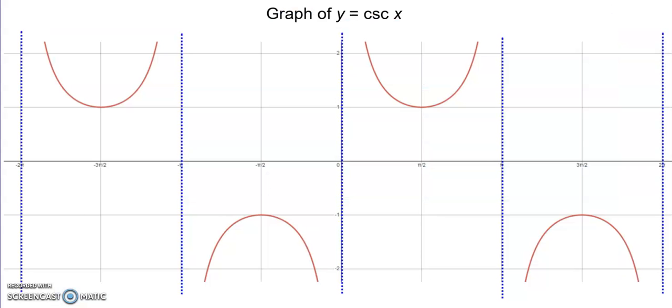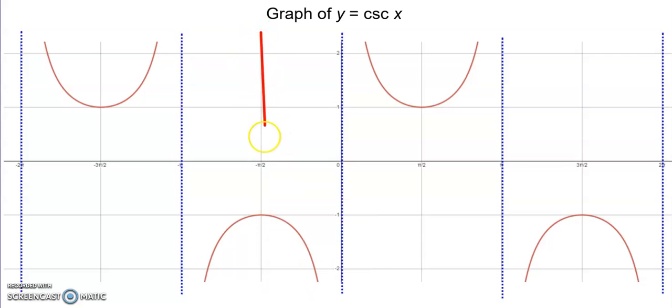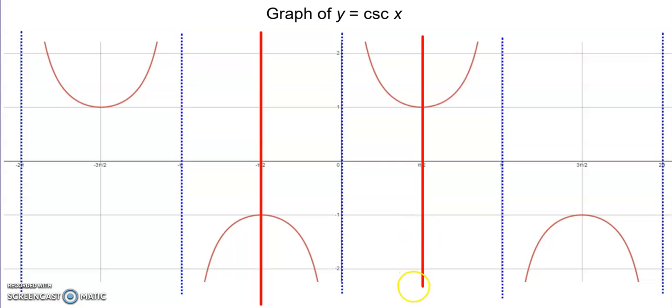Well, when we are looking at our cosecant functions, this is the cosecant. We are going to go from negative pi over 2 to pi over 2 without being the asymptote.